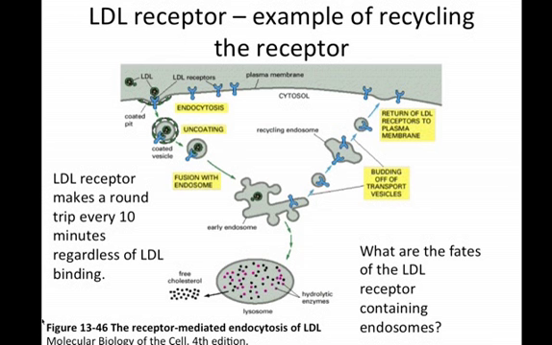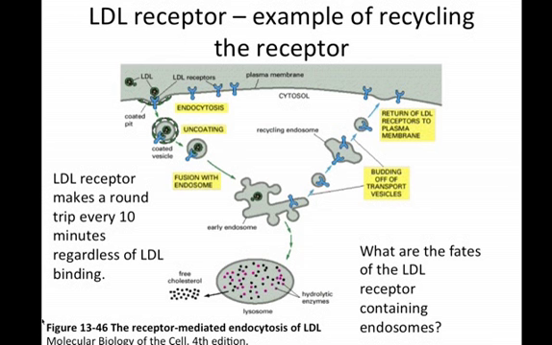The LDL receptor is a little bit different in the sense that it's not so much that something binds to the ligand and then it's internalized. It's automatically internalized on a regular basis. Don't ask me the mechanism. Every 10 minutes or so, regardless of LDL binding.